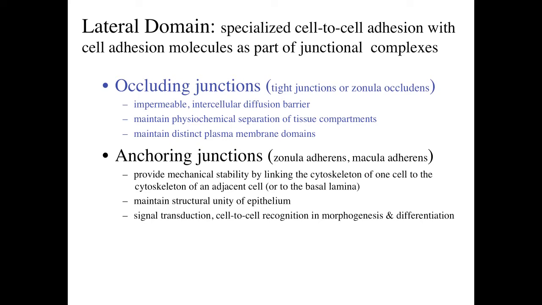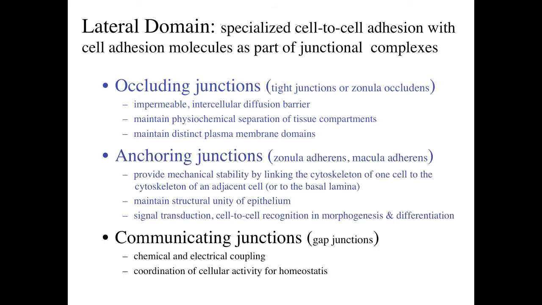These junctions are particularly important in maintaining the structural integrity and structural unity of epithelium. These junctions also play some roles in signal transduction, in cell-to-cell recognition, especially during morphogenesis and differentiation as embryos develop.